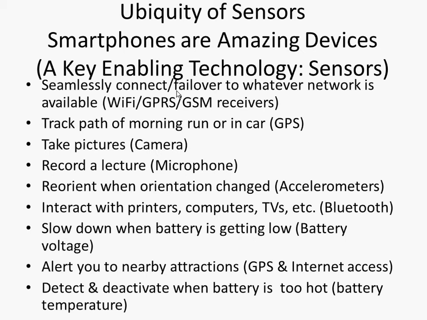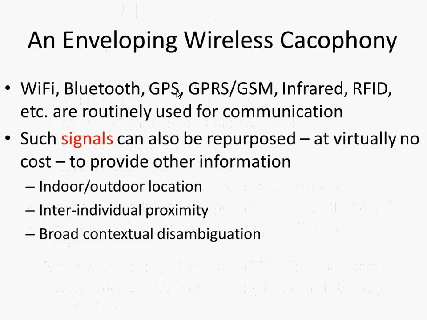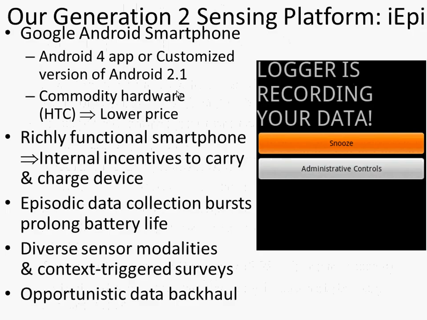Such sensors can be repurposed at little or no cost to their original function. We're surrounded by signals that give us context and tell us something about where we are. The fact that we see certain Wi-Fi points more strongly than others tells us we're probably in some corner of the world. There are GPS signals and Bluetooth signals that can be used to measure location in greater detail.